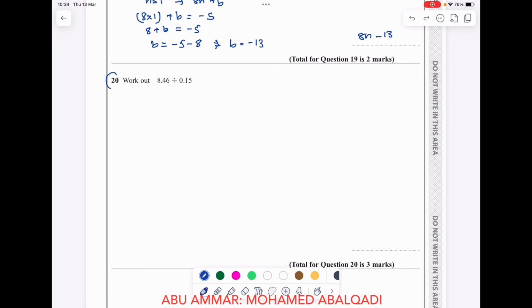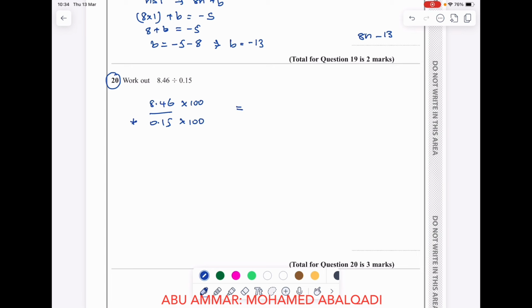Our next question is question 20, and this question is about dividing decimals. So 8.46 divided by 0.15. Our first step is to convert this divider into a whole number, and what we do is multiply it by 100. And remember, whatever we do to the bottom number, we have to do the same thing to the top number.